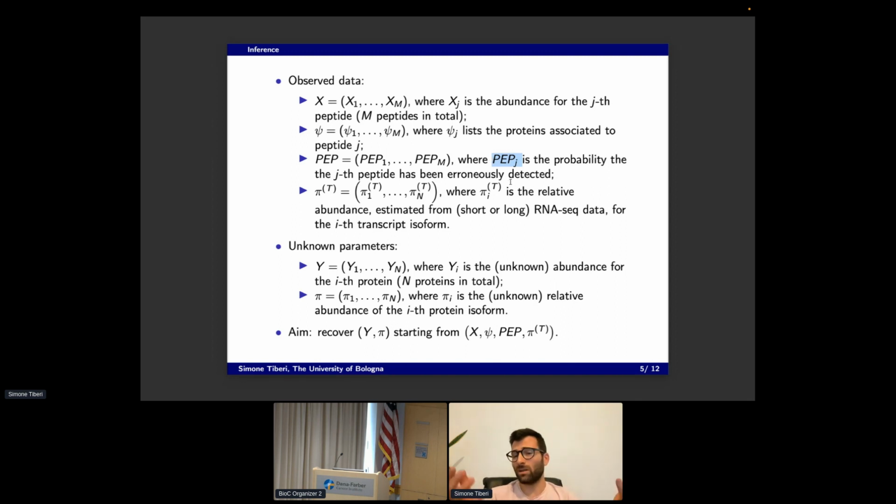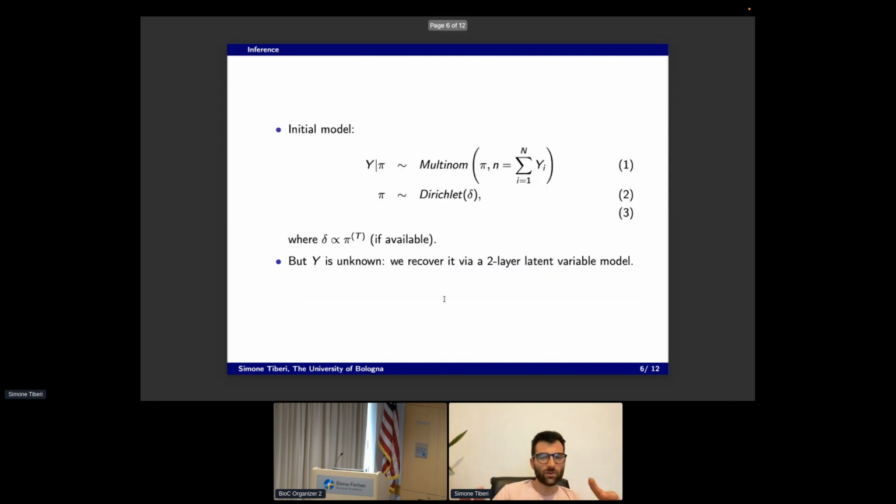And optional, but again, highly suggested, you can also provide TPMs, which are used to obtain the relative abundance of the transcripts. Now, starting from peptide and transcriptomics information, we want to obtain the overall and relative abundance of the proteins. So how do we do that?